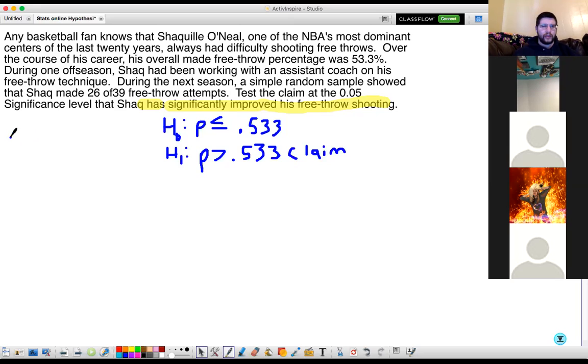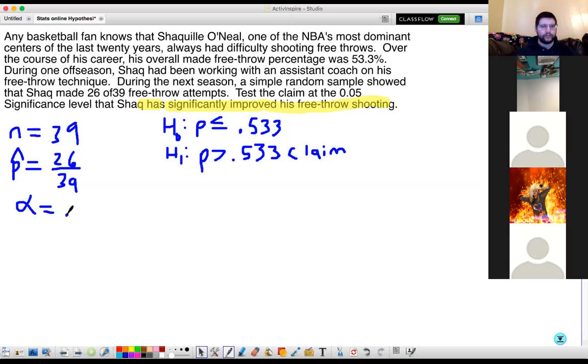So now, write down our information. He made 26 of 39. So 39 for N. P hat is going to be that 26 out of the 39. And the claim is at the 0.05 significance level.